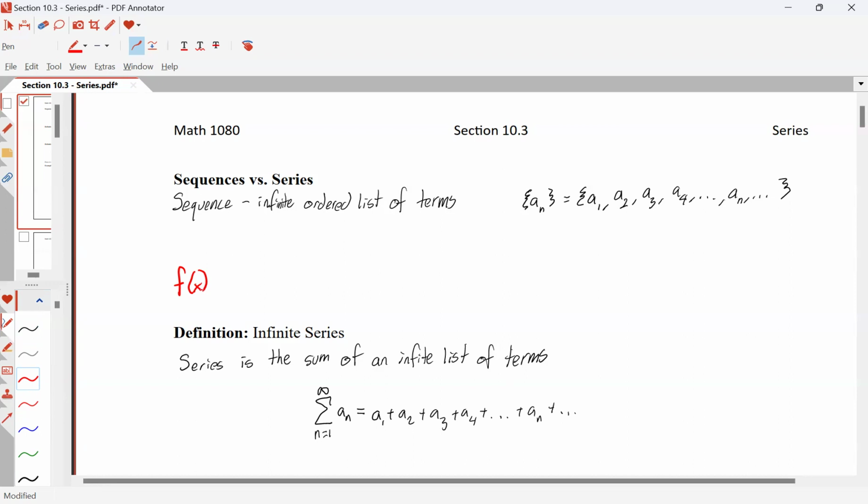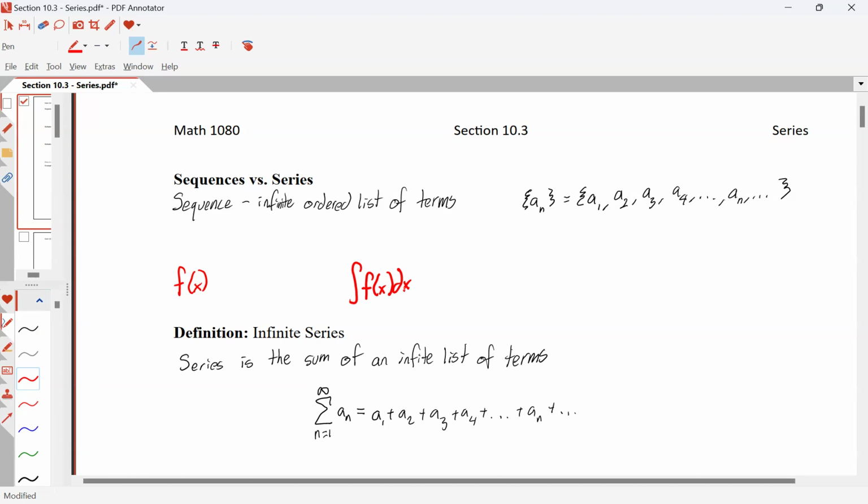We could talk about the limits of functions. The function has all these properties going on. And then using these properties of the function, we introduced the idea of the integral of a function.